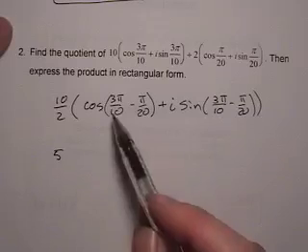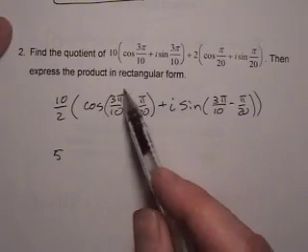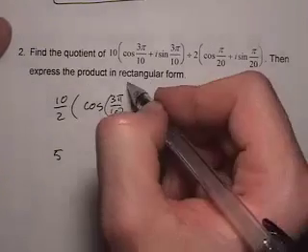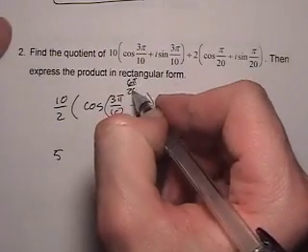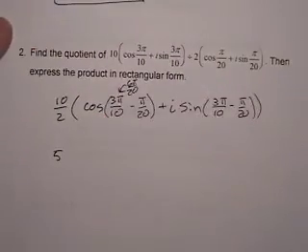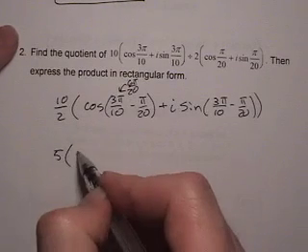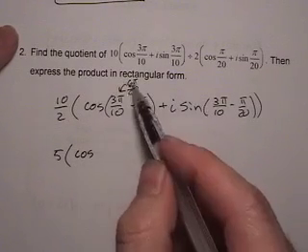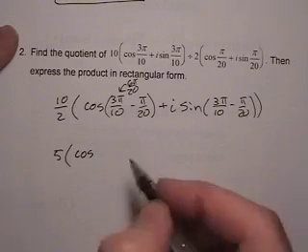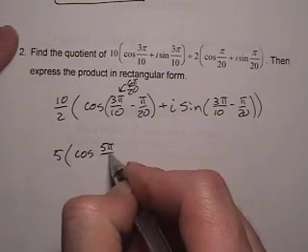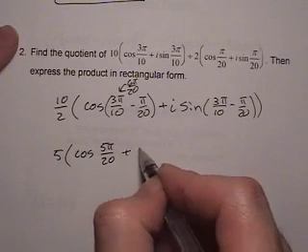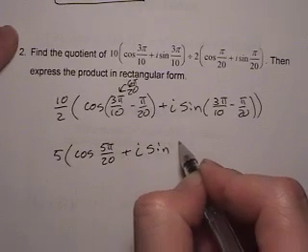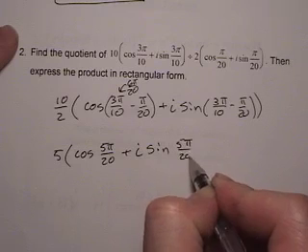If you want common denominators, get 3 pi tenths into denominator 20, so this is really 6 pi 20ths. Multiply top and bottom by 2. So you get cosine of 6 pi 20ths minus 1 pi 20th, which is 5 pi 20ths. Hopefully you're starting to see they're all the same.